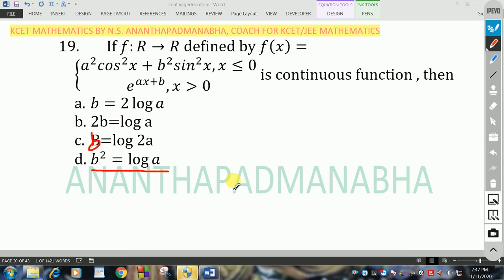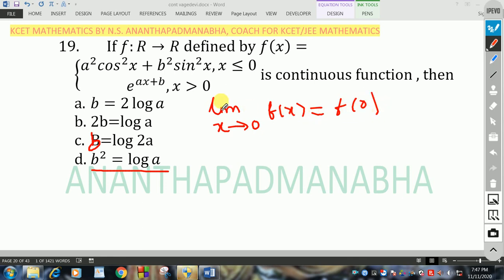By data, f of x is a continuous function, that is, it is continuous at x equal to 0. Therefore by definition, the limit as x approaches 0 of f of x is equal to f of 0.